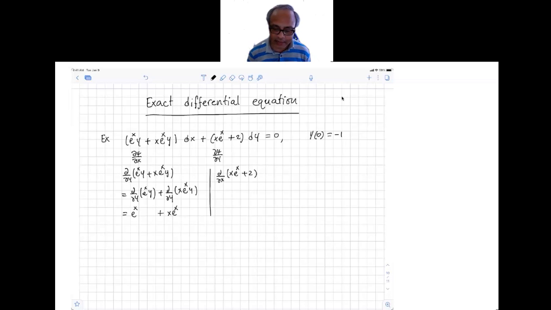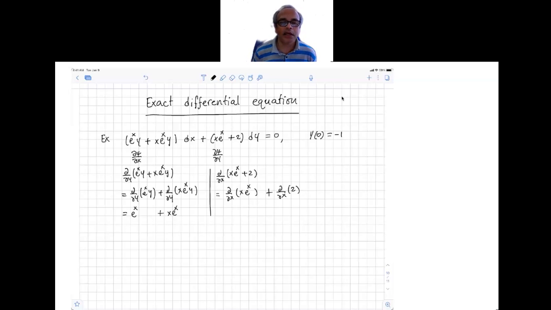And this time you are differentiating with respect to x. So d/dx, the first term is x e to the x. First you distribute, so that we avoid making mistakes.